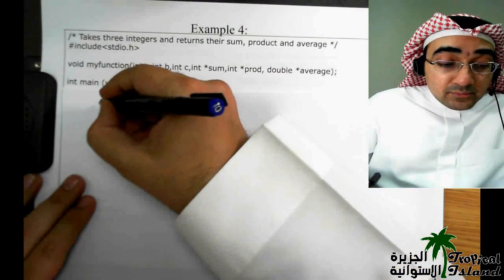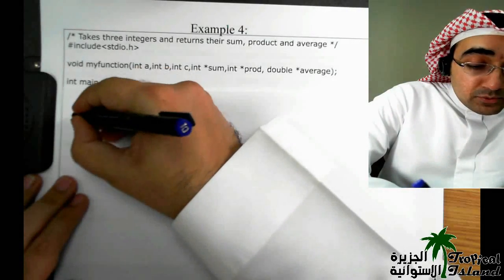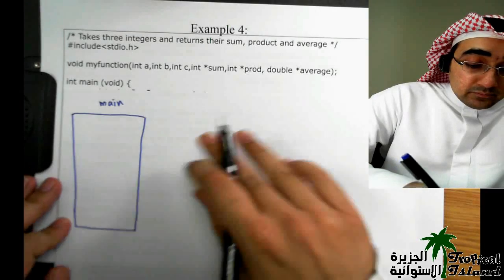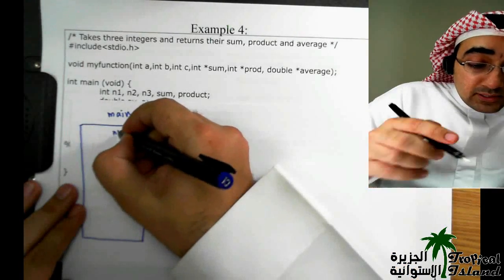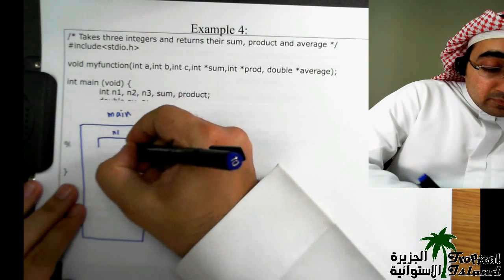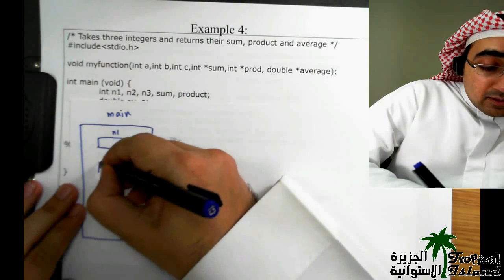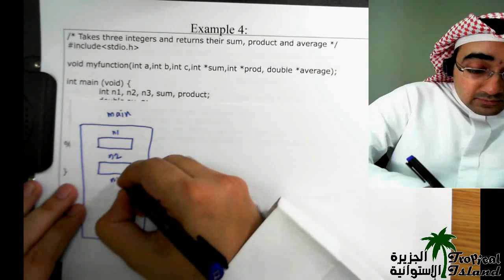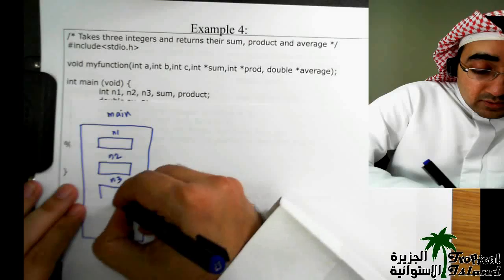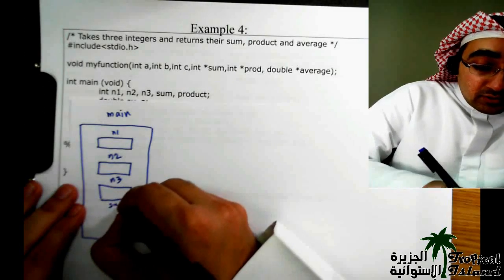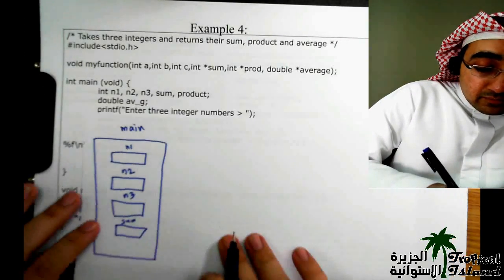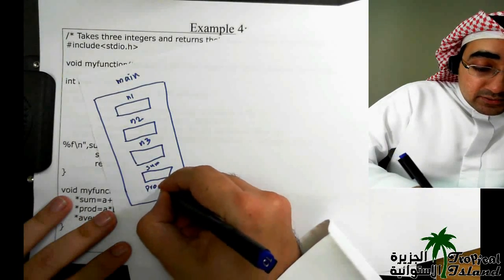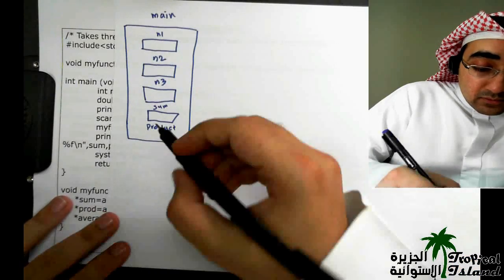So when I start my main function, I will have a main memory allocated. Inside my main I have to declare n1, n2, n3, sum, and product.